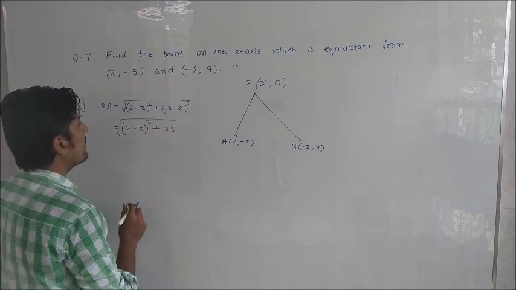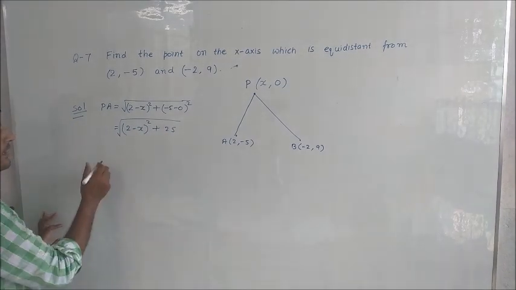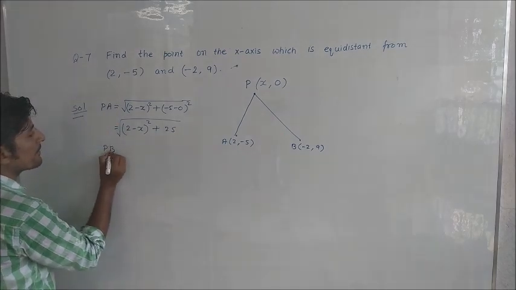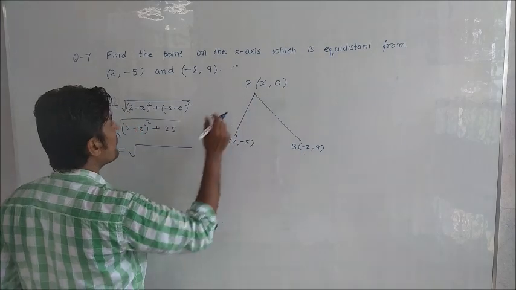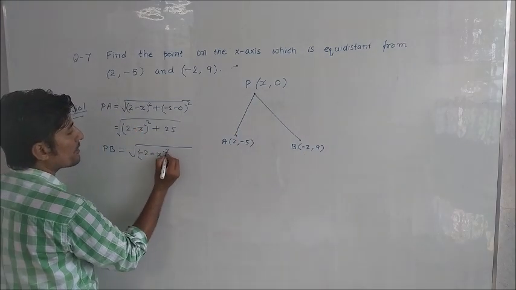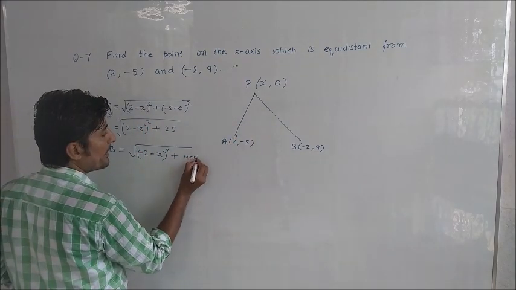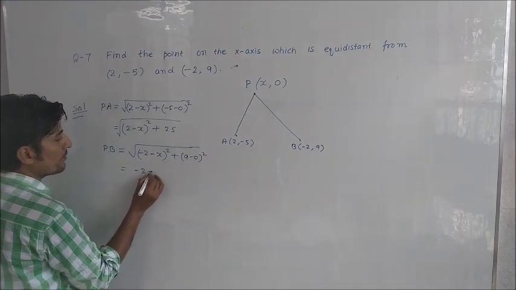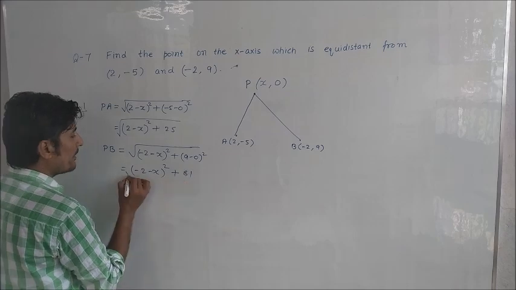We can write under root (2 minus x) whole square plus 25. Now similarly we can find the distance PB. PB will be equal to, again using the same formula, under root (minus 2 minus x) whole square plus (9 minus 0) square. So this can be written as under root (minus 2 minus x) whole square plus 81.